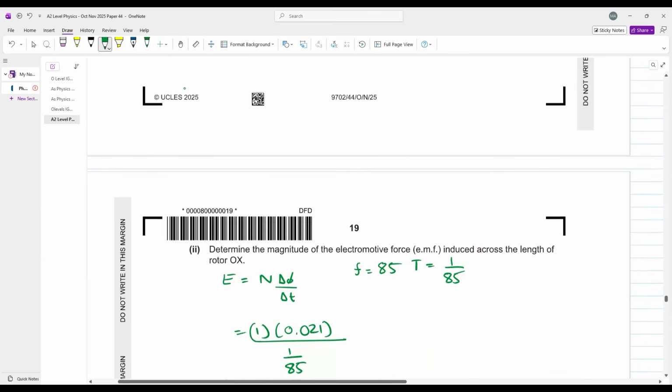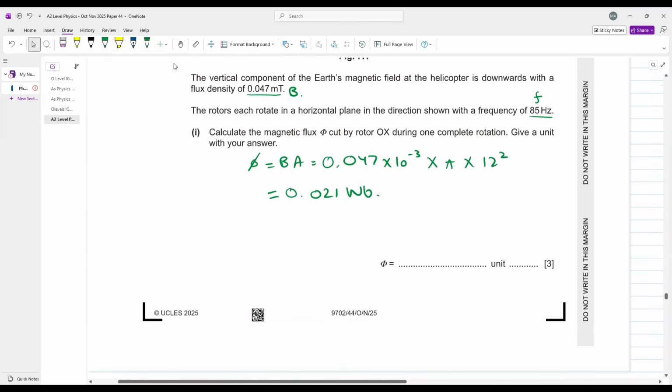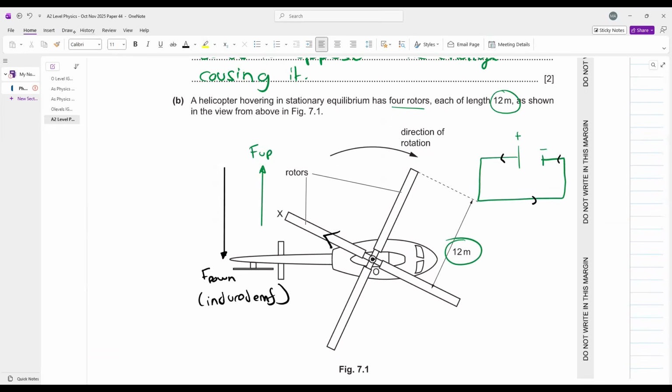That's incorrect because we are talking about induced EMF direction. We are not talking about the direction of normal voltage or current. We are talking about the direction of induced EMF. Induced EMF is the voltage or EMF that flows inside the battery.